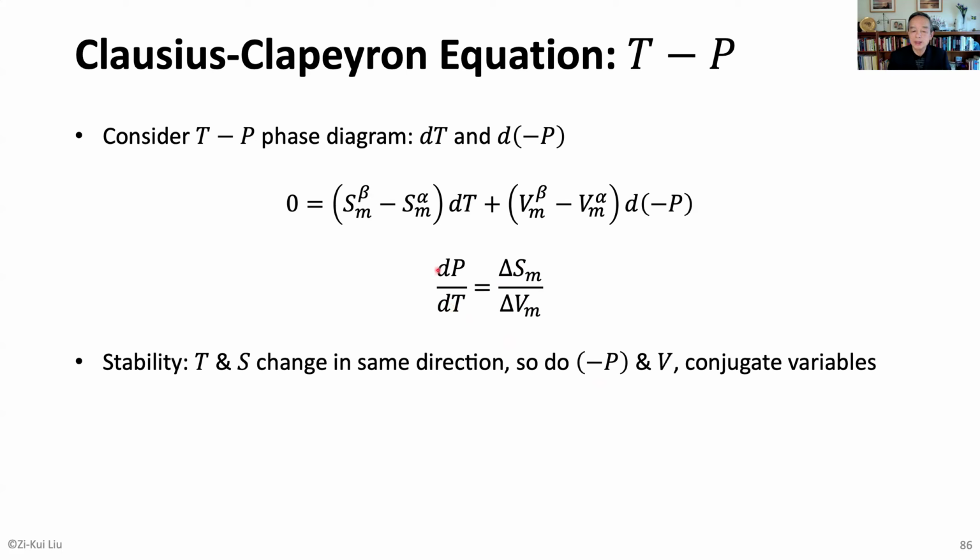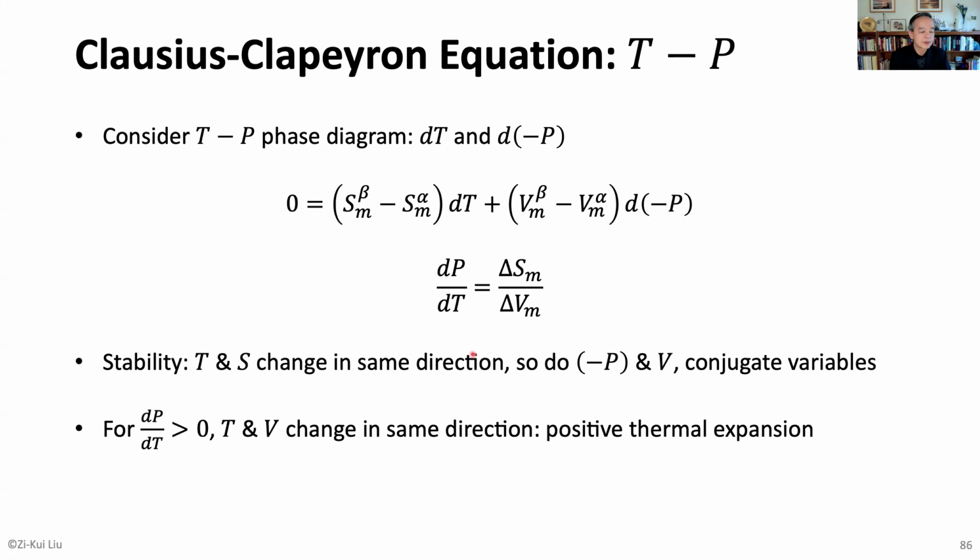When dP is positive, delta V must be negative. Remember, I have a negative here. It's conjugated variables. So when dP over dT is larger than 0, then T and V also change in the same direction, right? Because this is positive, and this must be positive. So we get a positive with some expansion.